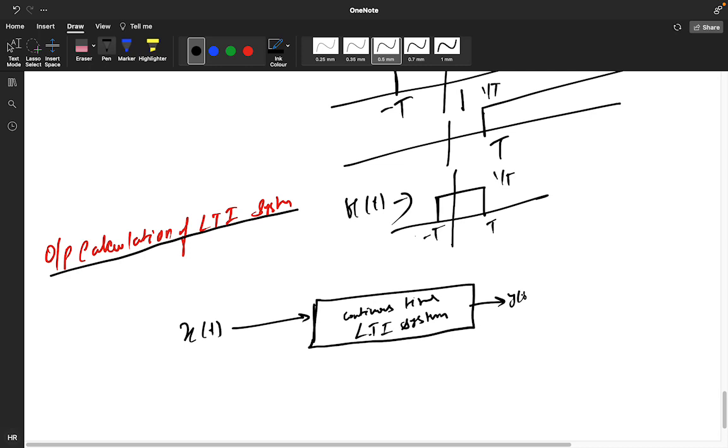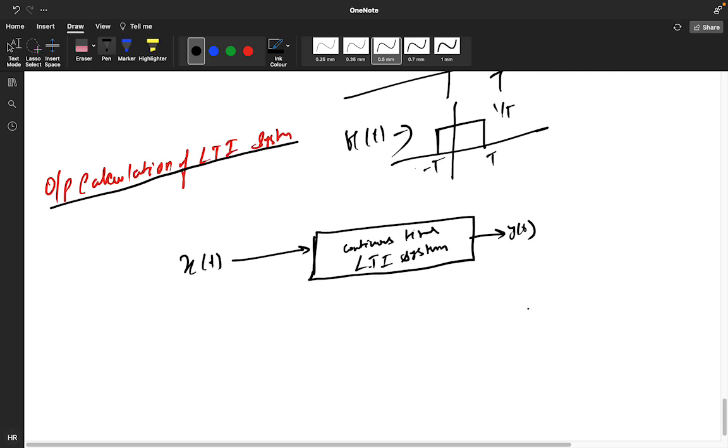This is your y of t. What is the y of t value? Y of t will be x of t convolution with h of t, correct? Because Y of s by X of s is equal to H of s, and if you write it in the time domain, y of t will be x of t convolution with h of t.